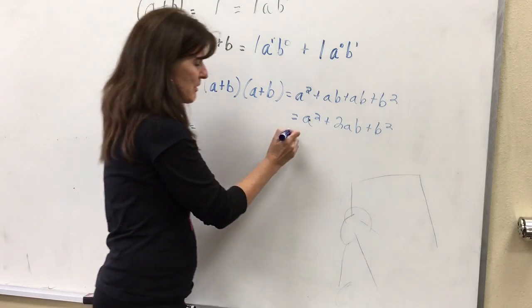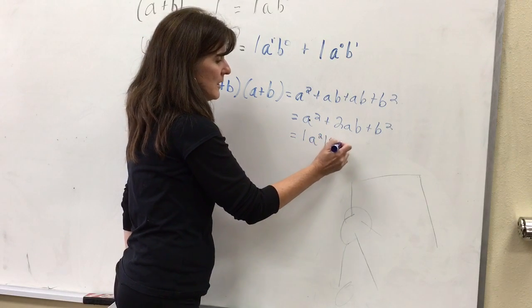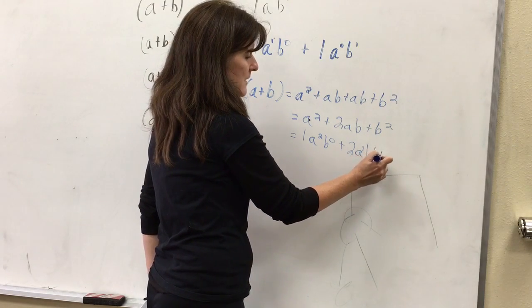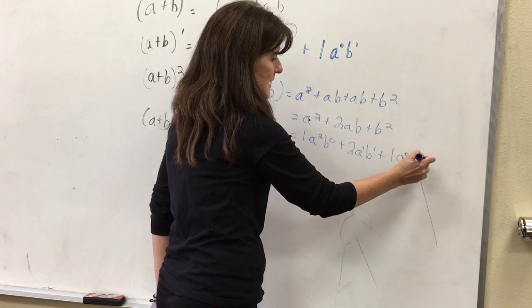That's the same thing as 1A squared B to the 0 plus 2A to the 1 B to the 1 plus 1A to the 0 B squared.